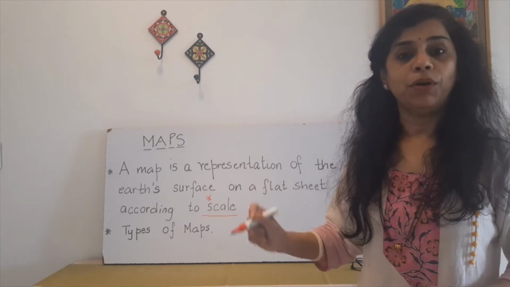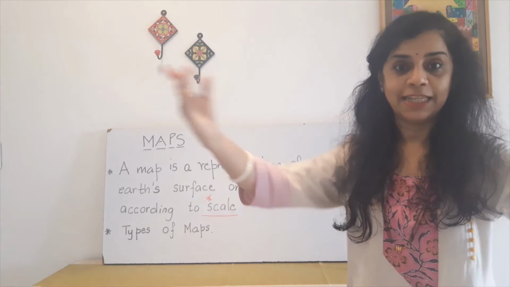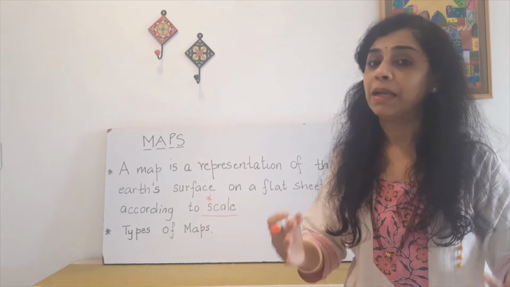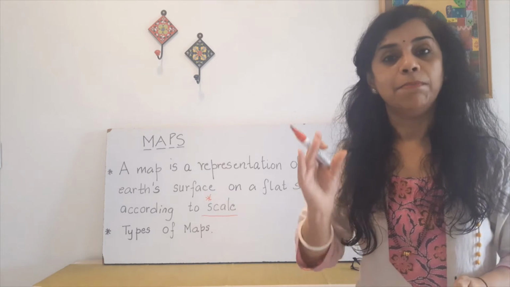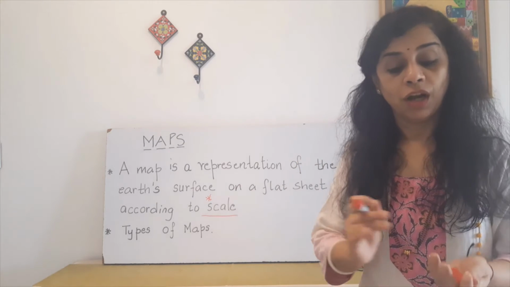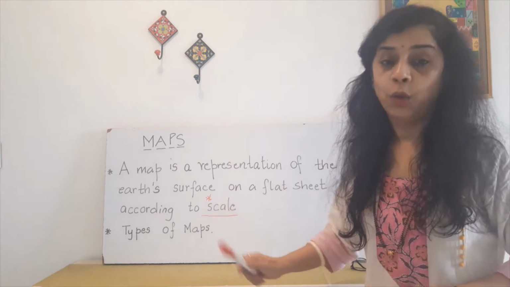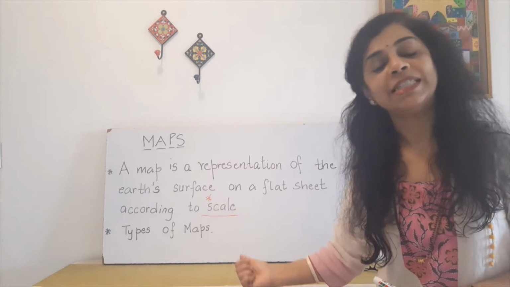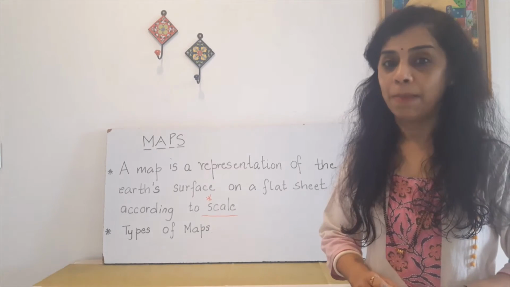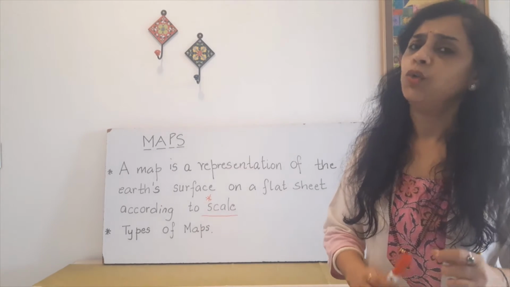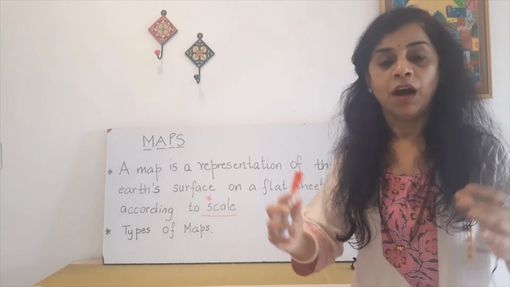It is very important. You and me, we cannot just draw a map like this and say this is a map. Then it becomes just a sketch, a rough drawing. But a map is drawn according to a scale. Now what is a scale? We will learn in detail about the scale later on when we learn about the components of a map. But now just to tell you what a scale is. A scale is a ratio.